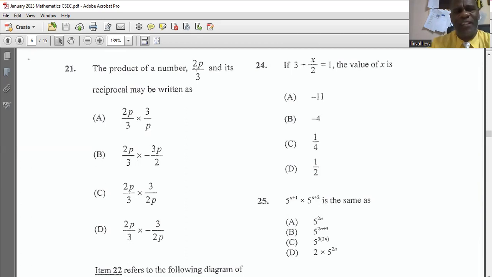All we do is flip it. They said the product of a number and its inverse, and product means to multiply.